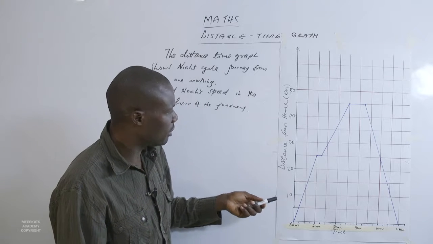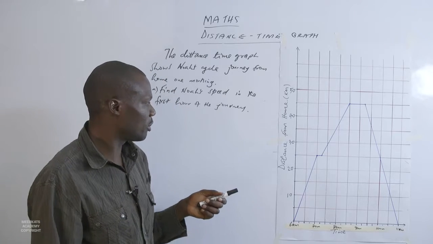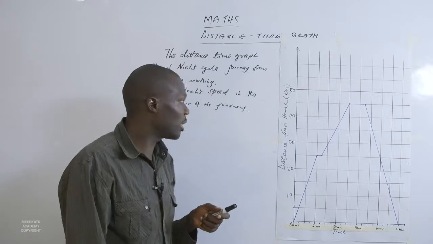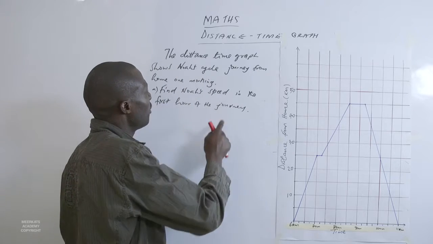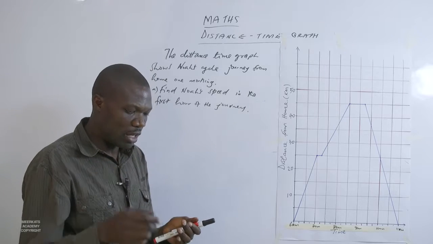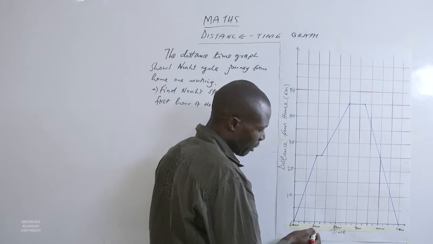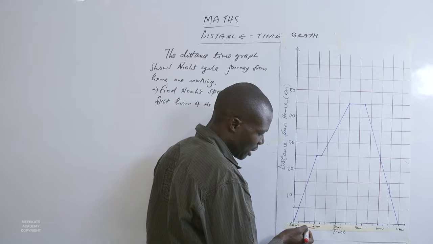So, let us look at the question and see what it wants us to answer. The question is asking us, find Noah's speed in the first hour of the journey. To identify the first hour of the journey, it is between 6 and 7. If you are very keen, it is here.